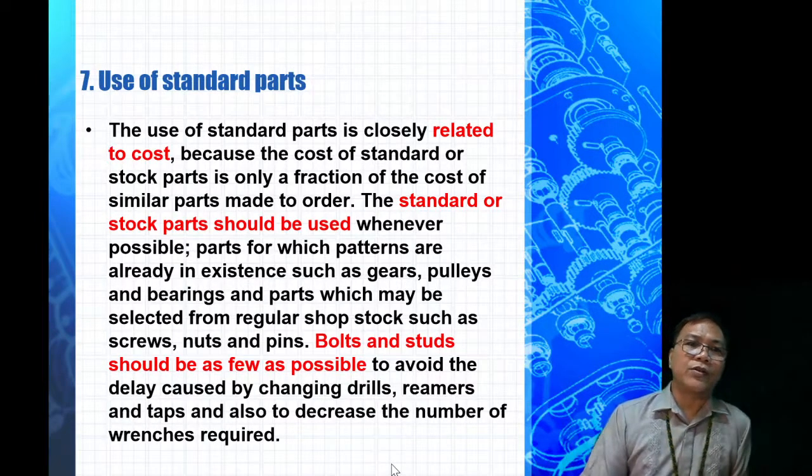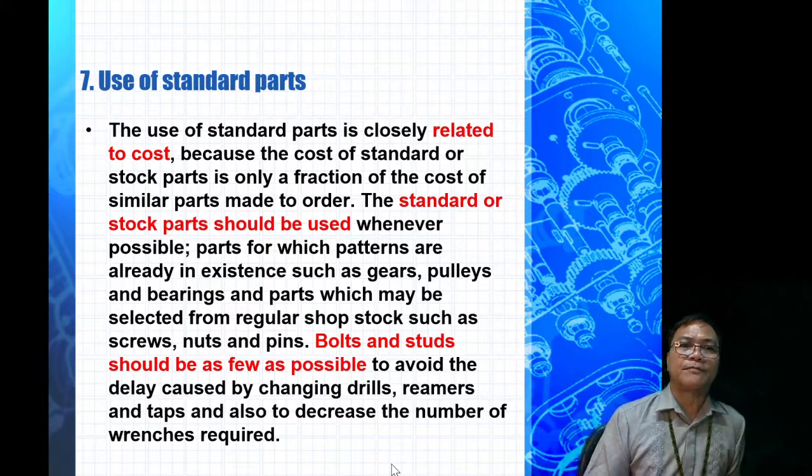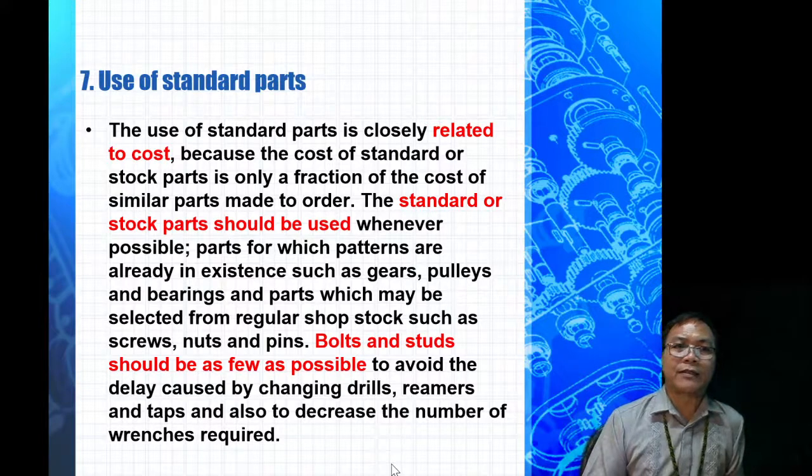Okay, the use of standard parts. The use of standard parts is closely related to cost, no? Because the cost of standard or stock parts is only a fraction of the cost of similar parts made to order. The standard or stock parts should be used whenever possible.